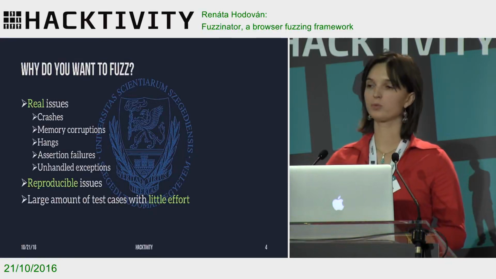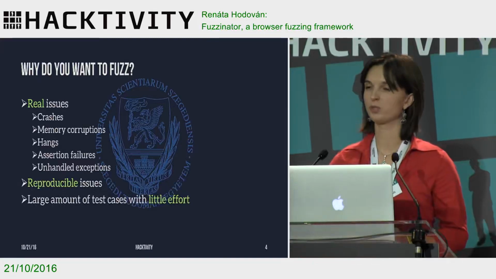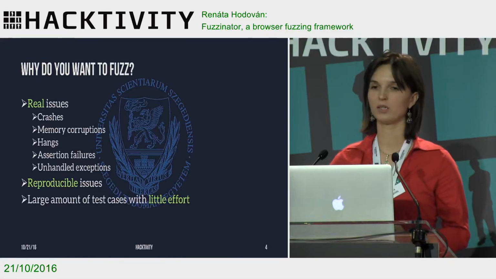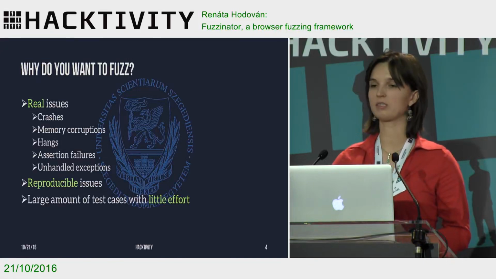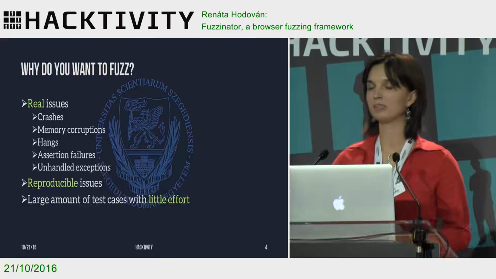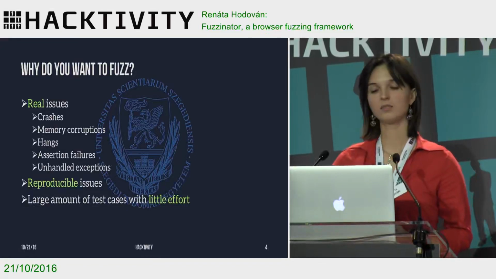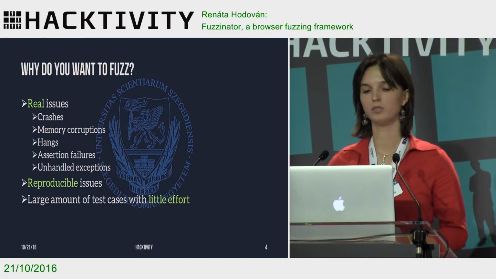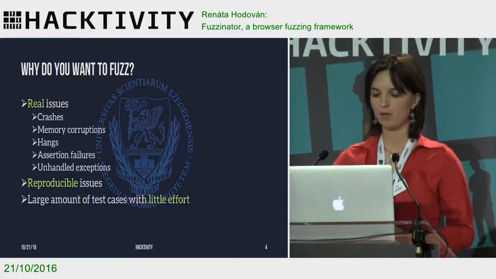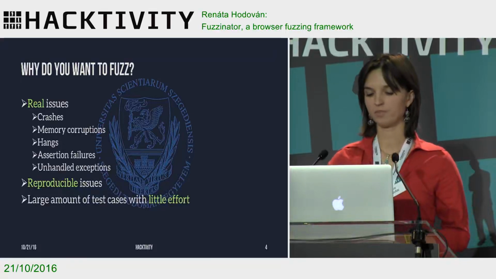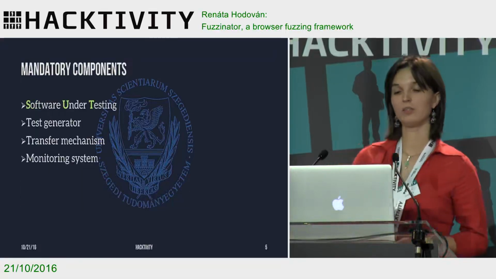What's more, their issues are almost always reproducible, because we are completely aware of the circumstances and of the test case that first triggered the failure. And last, you can generate a large amount of test cases with just a little initial effort while you write your test generator.